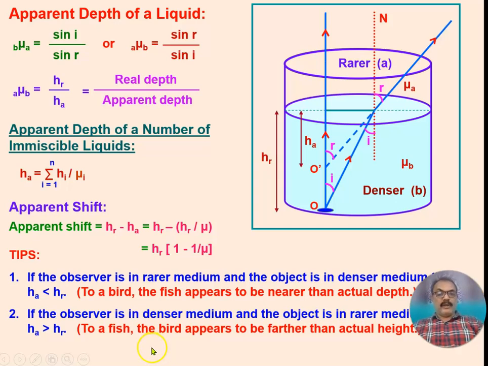If you observe from the denser medium and the object is in the rarer medium, then to the fish, the bird appears to be farther than its actual height. So the fish is relaxing that the bird is at a very long distance. It may not be able to catch it. Like that, things will be easily understood using this physical phenomenon.